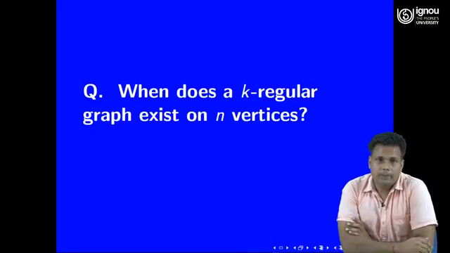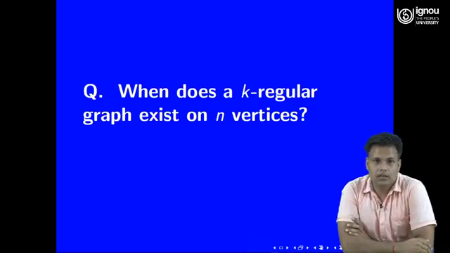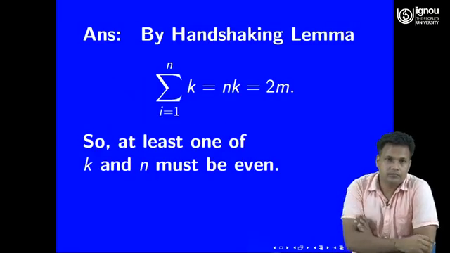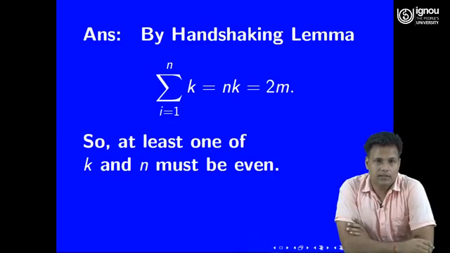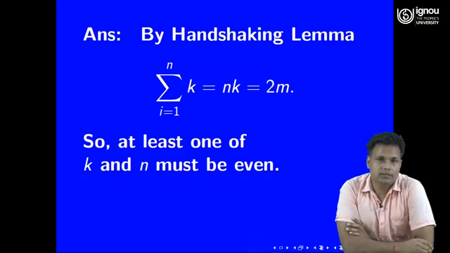Now there is a question: when does a k regular graph exist on n vertices? A k regular graph means each vertex has degree k and there are n vertices. If you apply the handshaking lemma, the sum of the vertex degrees over n vertices, since each degree is k, comes out to nk, which is equal to twice the number of edges.